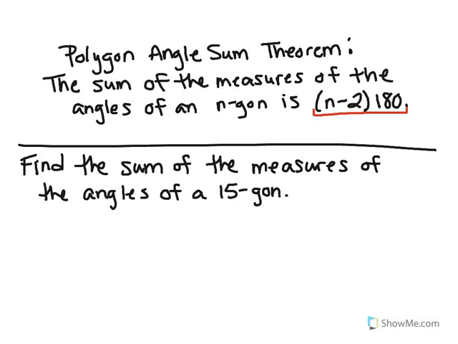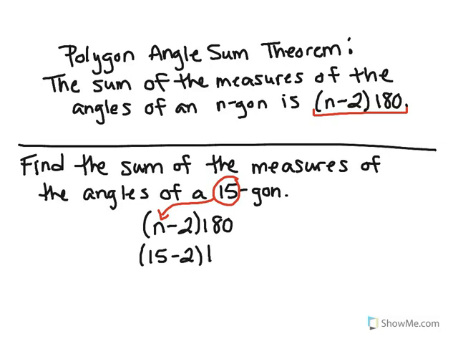So in this case, when we use n minus 2 times 180, so I'm just going to rewrite that, my n stands for the number of sides that this particular polygon has. And in this case, it is 15. So that's what I'm going to substitute in for n. So I'm going to say 15 minus 2 times 180.